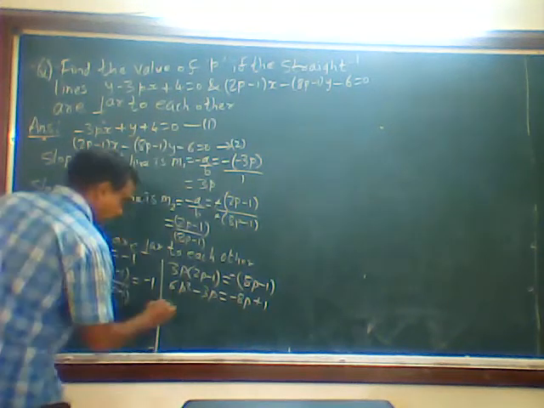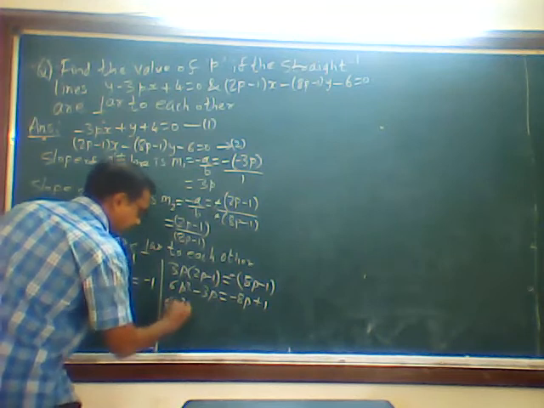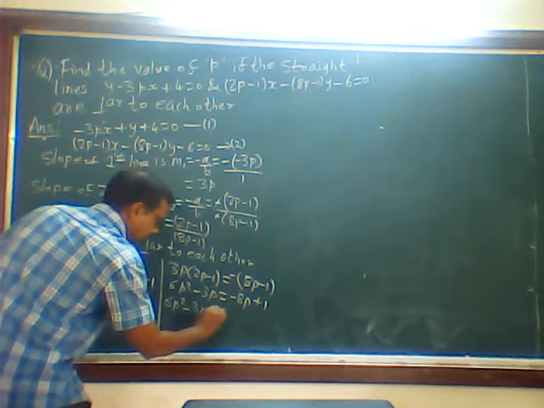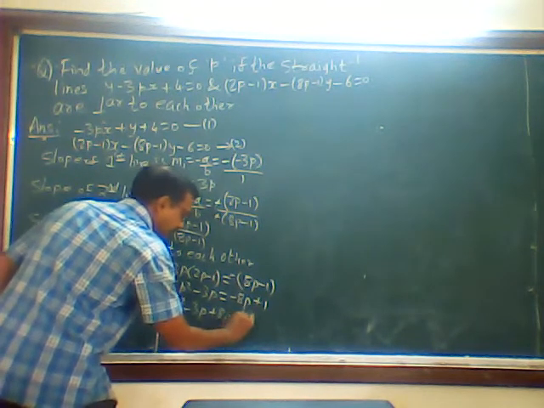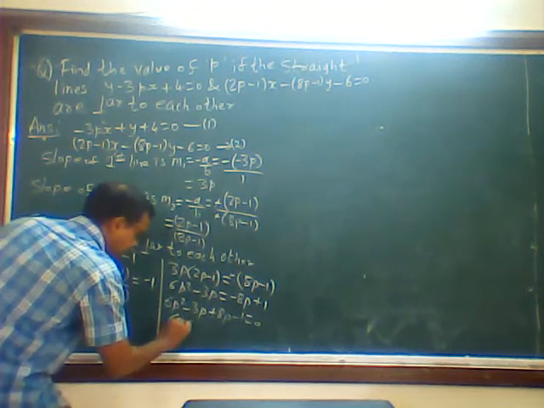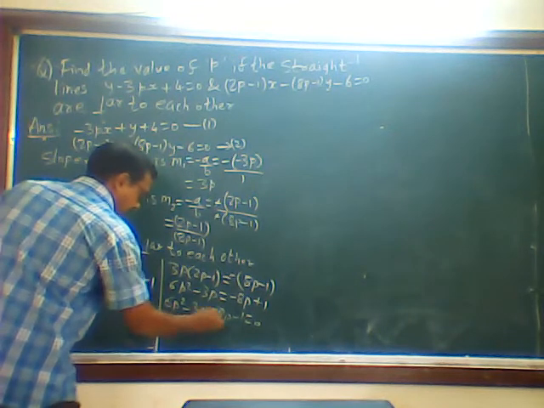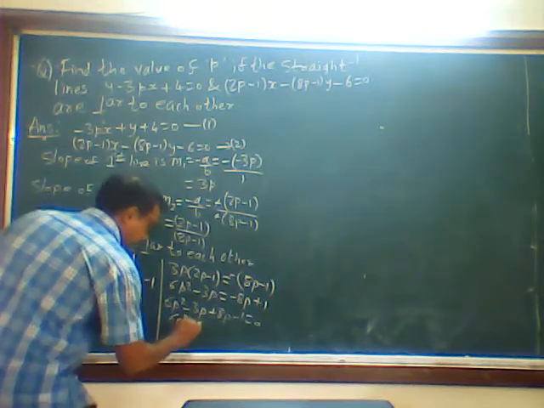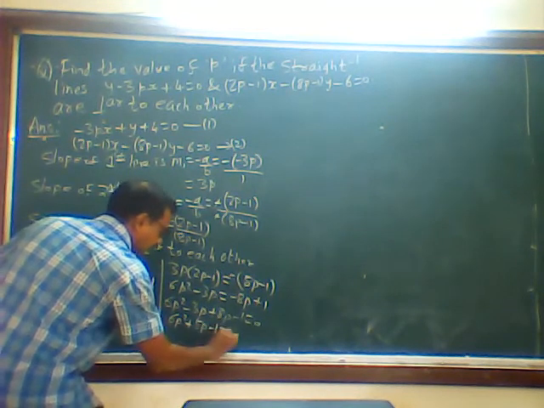I am getting a quadratic equation: 6p square plus 8p minus 3p, which means plus 5p, minus 1 is equal to 0.